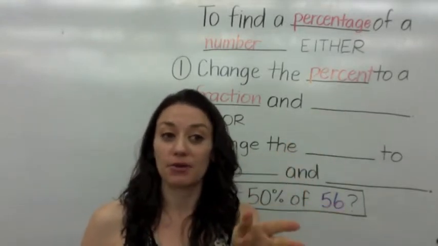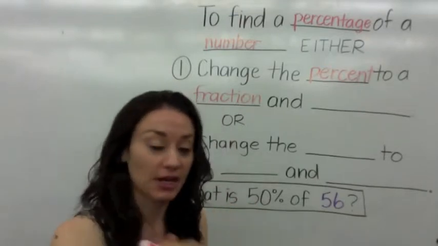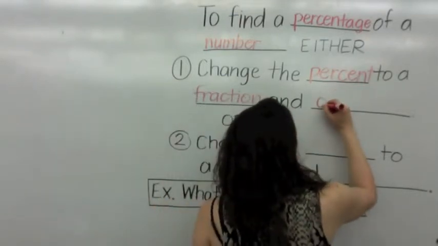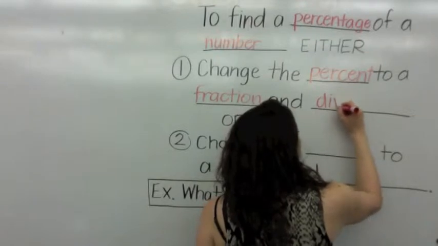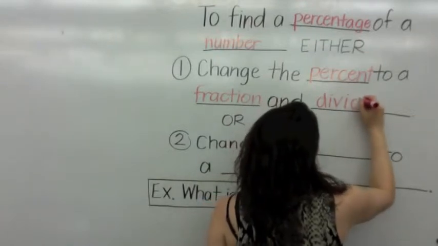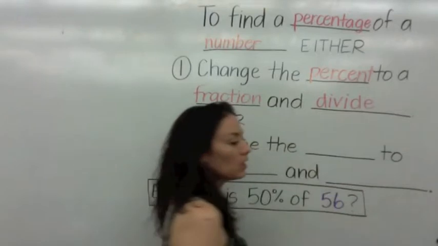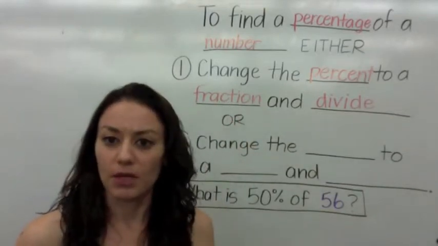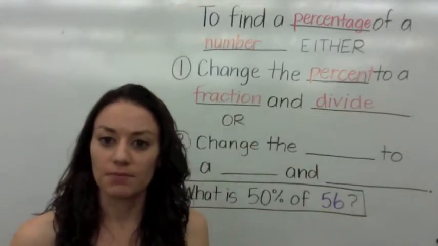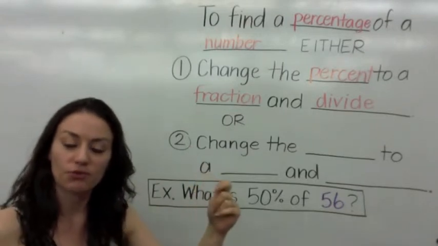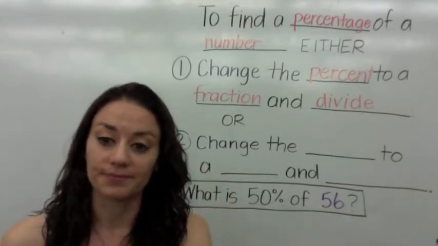When you multiply by a fraction, what ends up happening is that you divide. Basically, you're going to divide the number by the denominator, and I'll show you that in just a second.